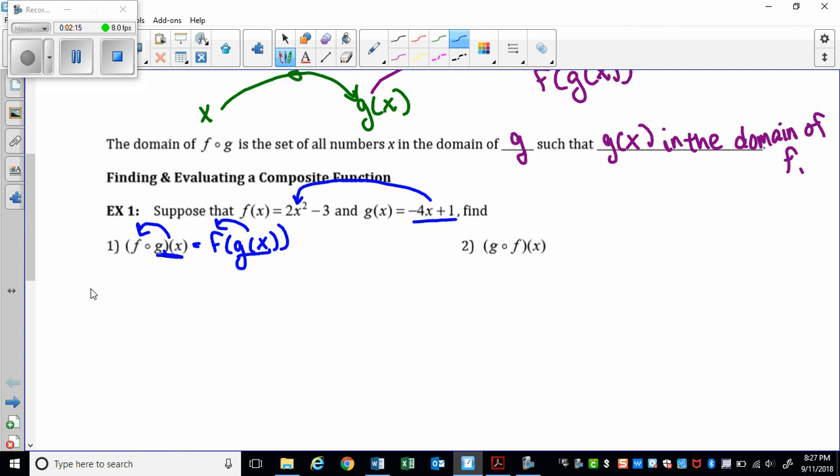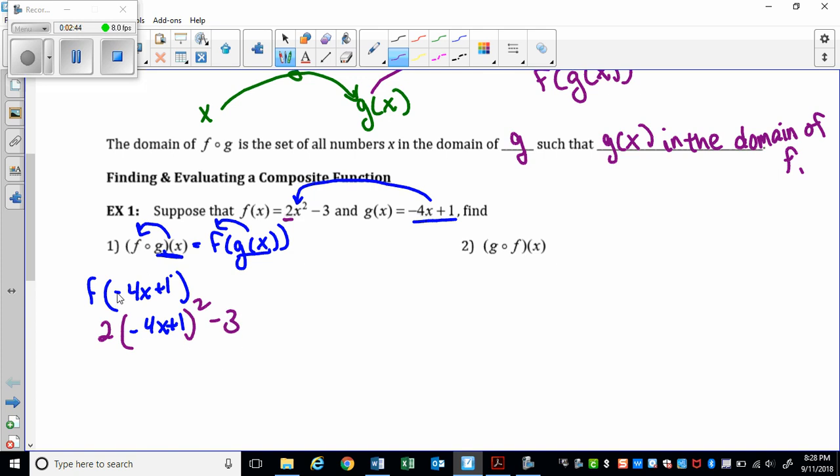So this is going to be f of g is negative 4x plus 1, which is going to give us 2 times negative 4x plus 1, quantity squared, right, because there's a squared, and then minus 3.